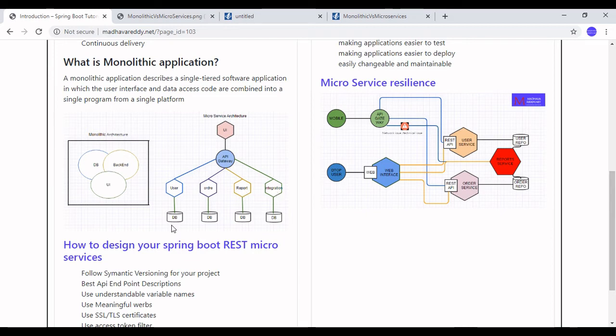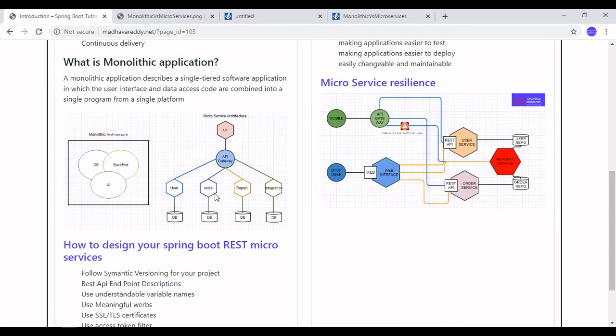If you see, each and every service has its own database. That means it does not depend on the others. Suppose this user service is down, or there is an issue with this database communication, only this particular service will not work.